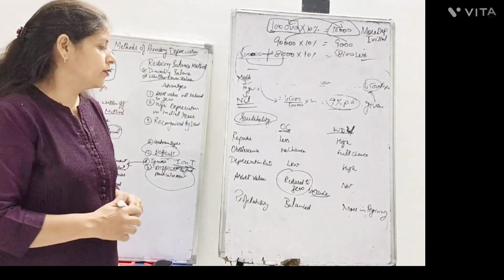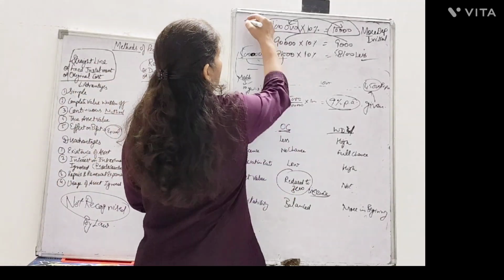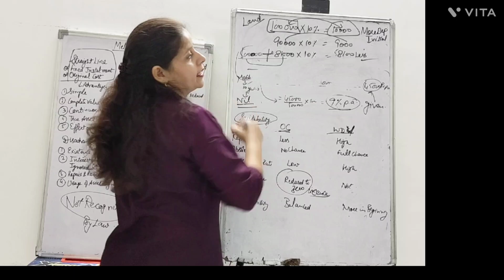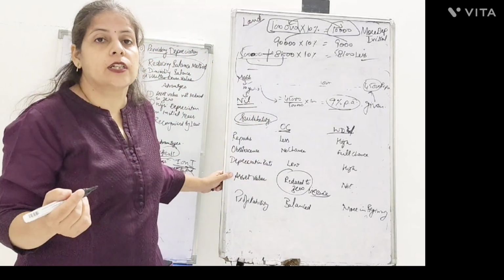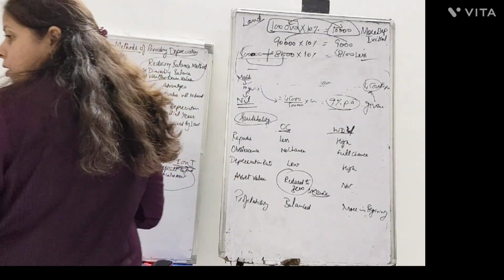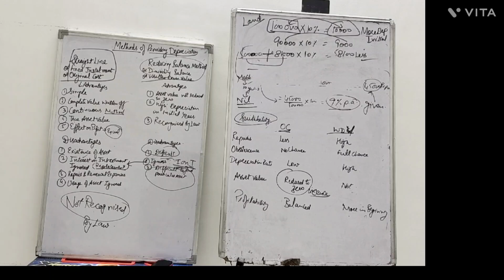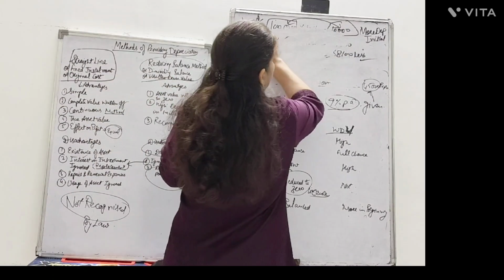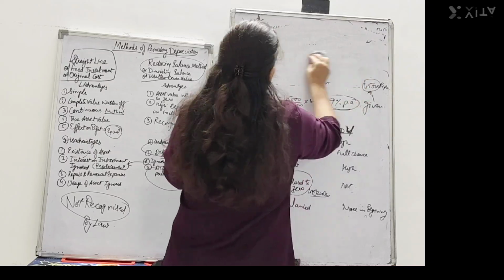But one thing is left that I discussed in the last video: which type of land should not be depreciated. So here I have to talk about that particular type of land. In business, you hold land of two types.